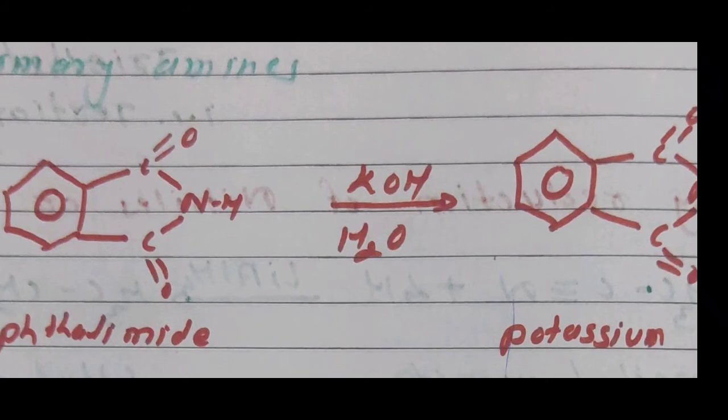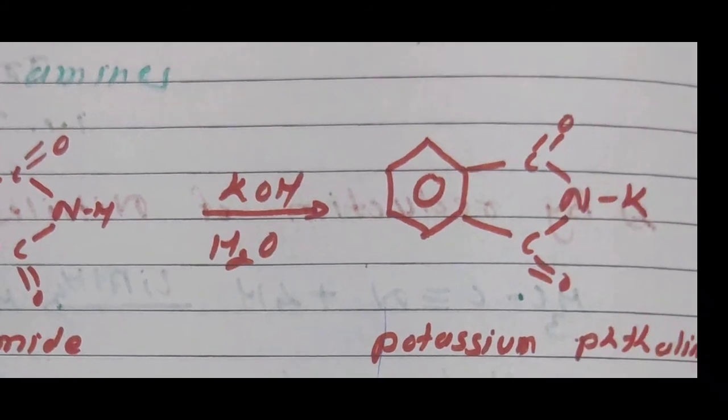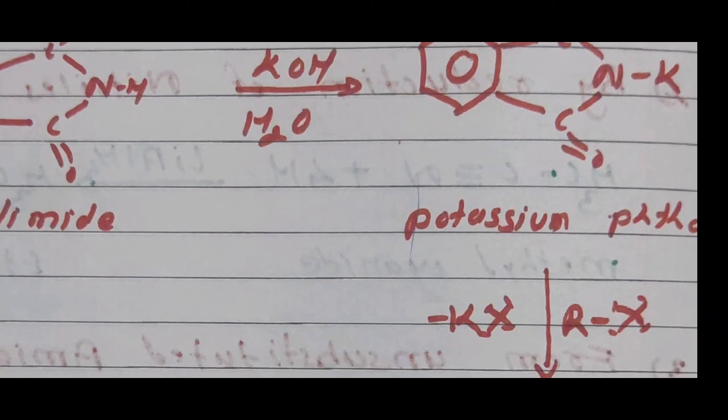In phthalimide, the H on NH is replaced by K, and the OH from KOH and H from phthalimide are released as a water molecule. Therefore, phthalimide reacts with KOH to form potassium phthalimide.